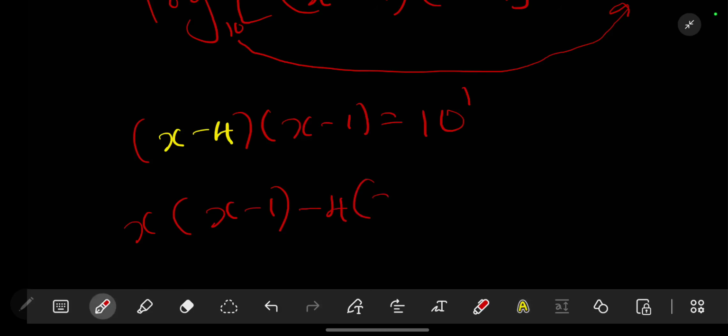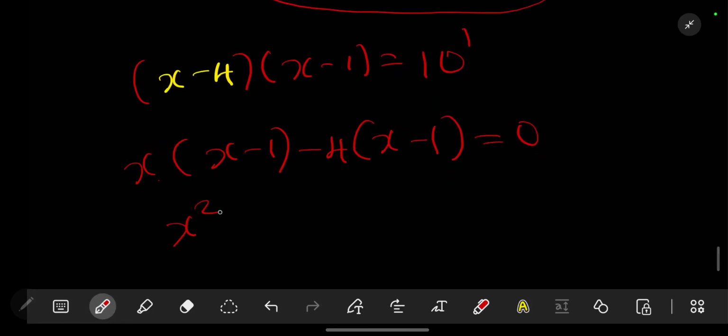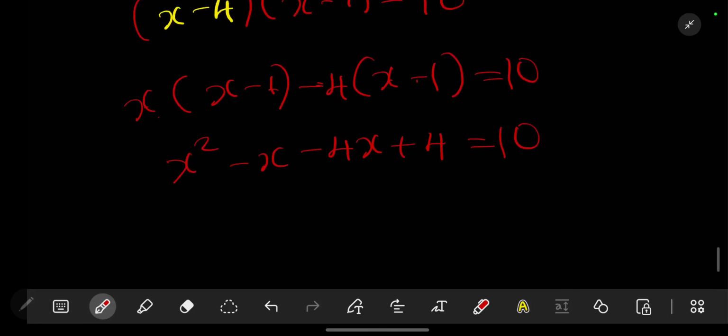We have minus 4 times x minus 1. So x by x is x squared. This by this, it will be negative x. Negative 4 by x, it will be negative 4x. Negative by negative, it will be positive 4, like that. Then this should be equal to, sorry, not 0, but there's 10 here. 10 to the power 1. So we have a 10 like that.